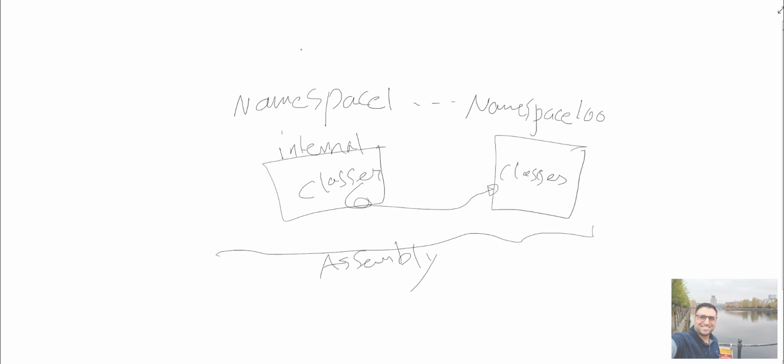There's something else called protected internal. What I just explained now is the internal. What protected internal means is the content of the class could be accessible within the same assembly and from derived classes in other assemblies as well.